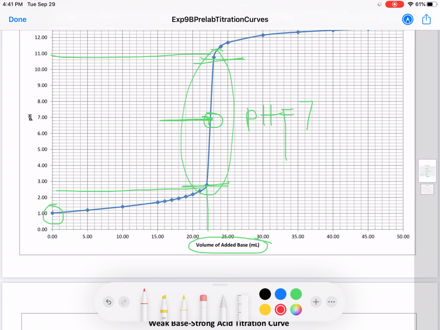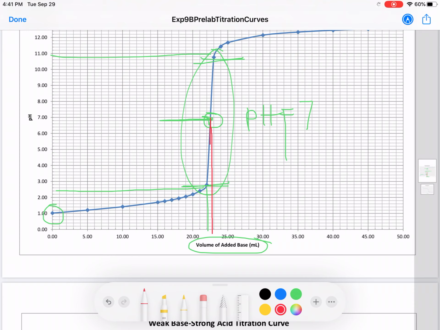So you reach the pH 7 and then you draw a line directly to find out where you are going to meet the x-axis. So in one of the other questions, what is the volume of the base added to reach the end point?